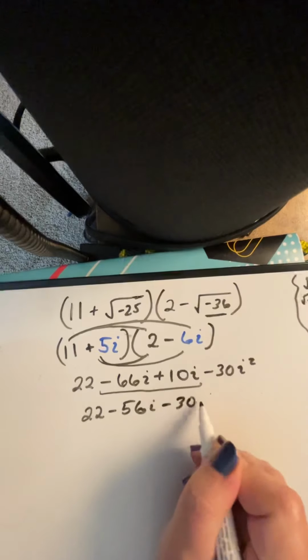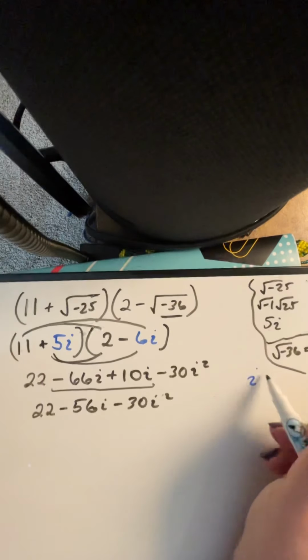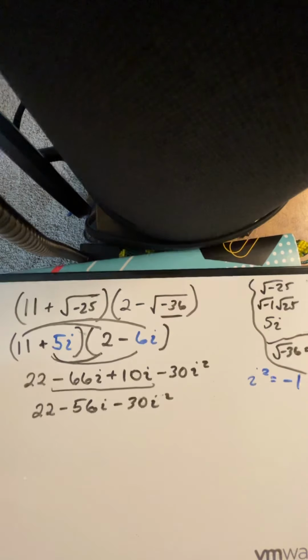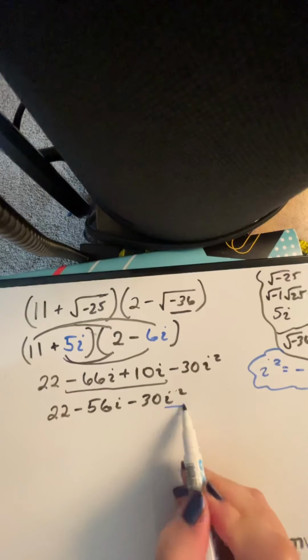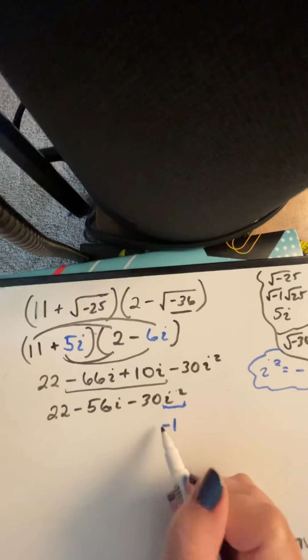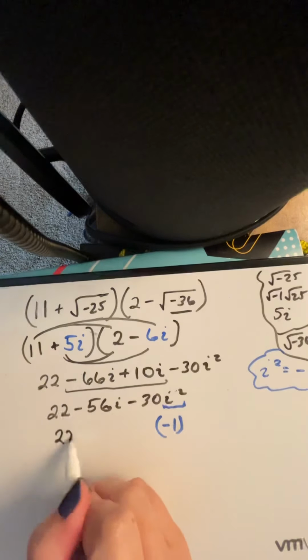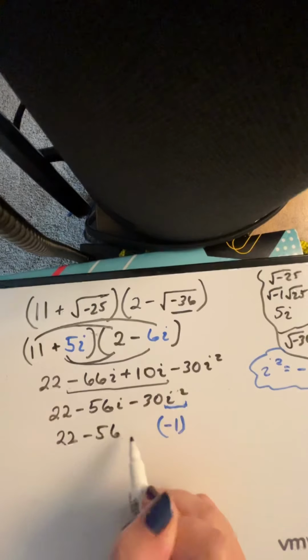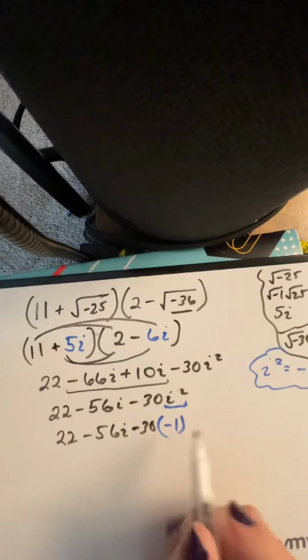minus 30i squared. But remember, i squared is just equal to negative 1. So we can rewrite this i squared as negative 1. So we end up getting 22 minus 56i minus 30 times negative 1.